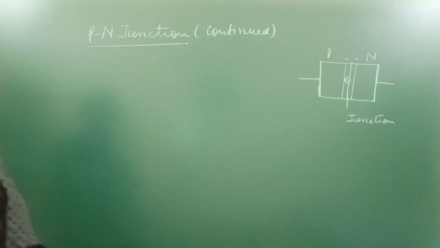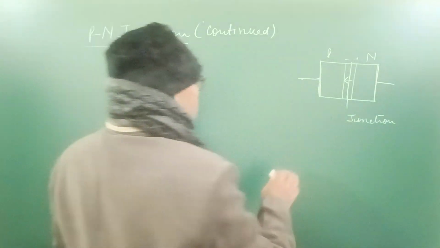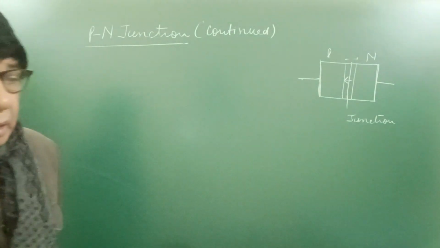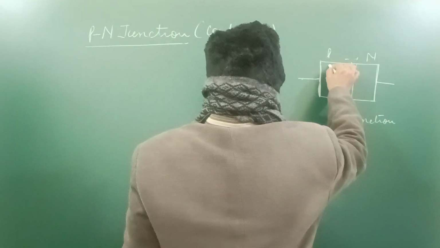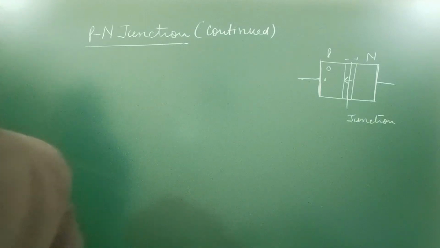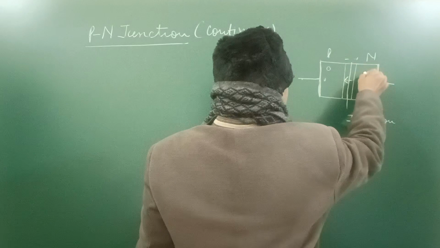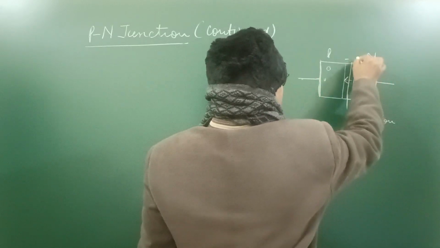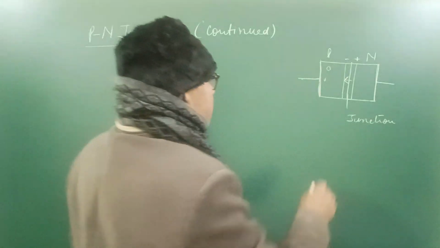Yes, students, in the last video I was explaining the formation of a PN junction. I told there that due to majority charge density, the P region is higher than the N region, and due to the concentration difference, holes diffuse from P to N region, and electrons from N to P region, and this diffusion depletes.